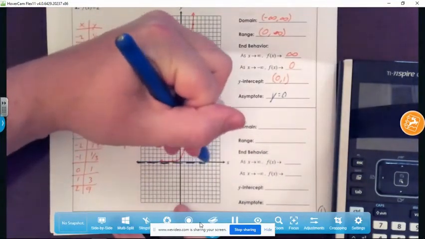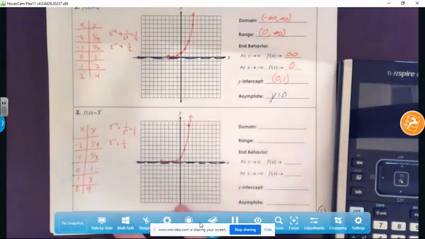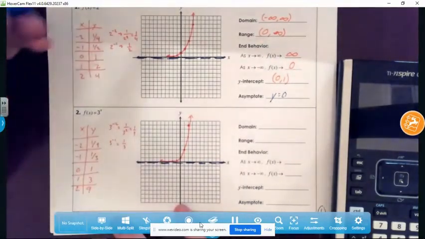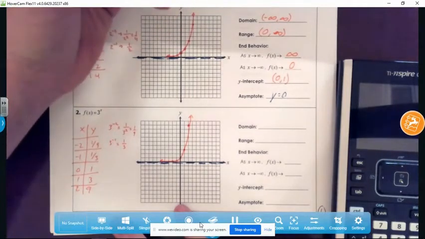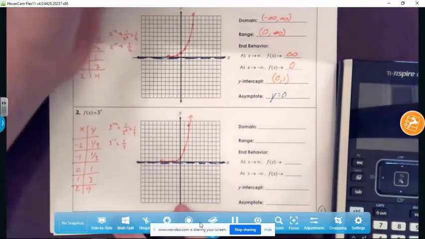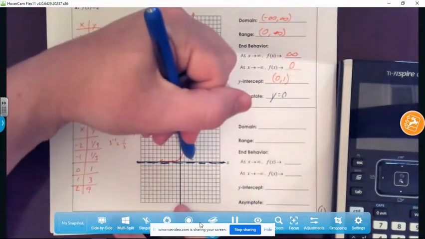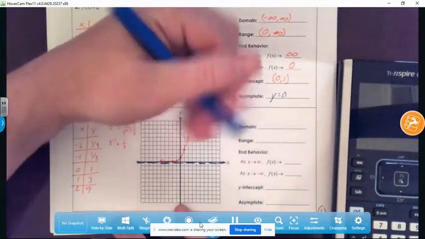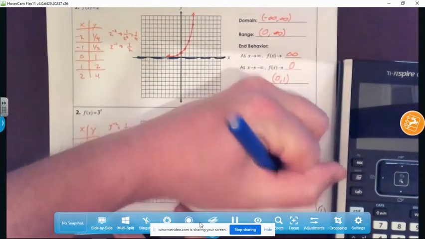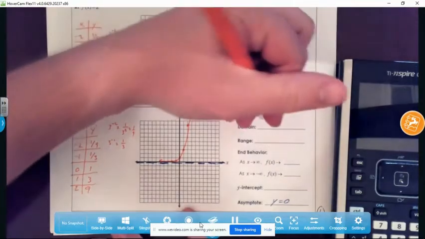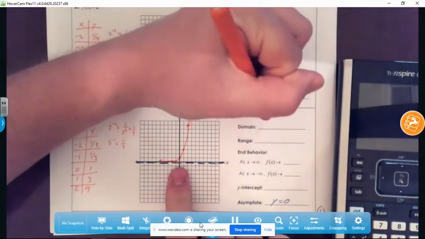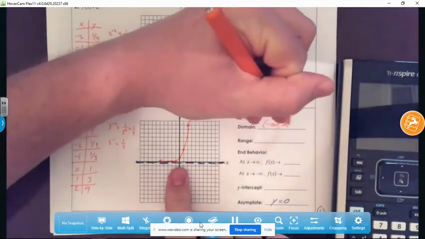No matter what number you plug in, the smallest number you can think of, in the negative direction, you will still get a positive answer, which means that your asymptote has to be the line y equals 0, which is the x-axis. So y equals 0 is the asymptote. Filling out the rest of the information, our domain goes forever left and right. That's going to be negative infinity to positive infinity.